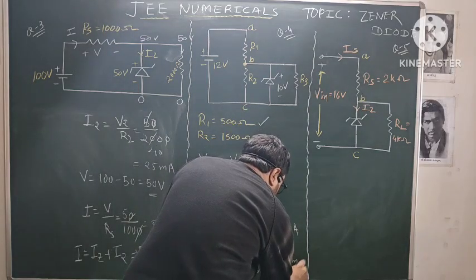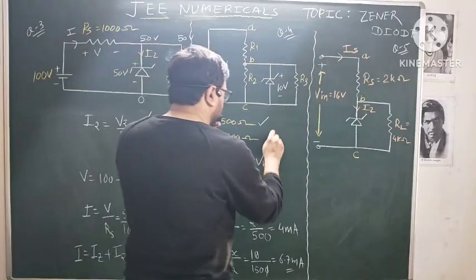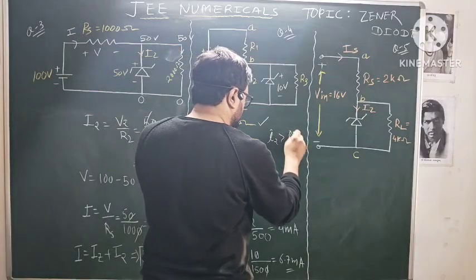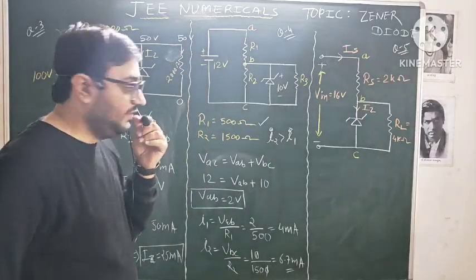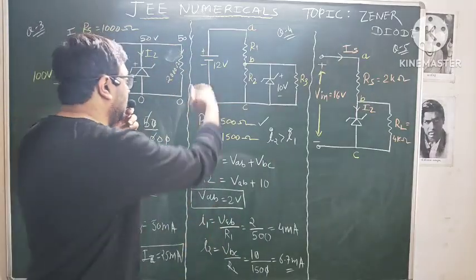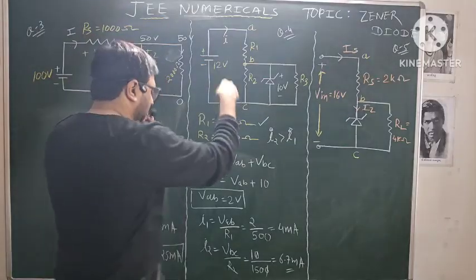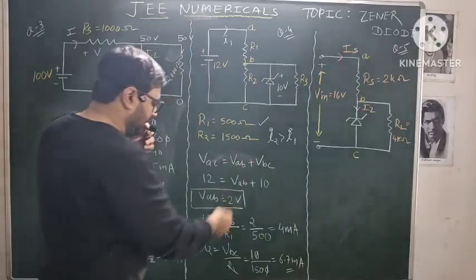6.7 milliampere, which is not possible. Why? Because I2 is greater than I1 here. In our answer, I2 is coming as 6.7, which is greater than 4 milliampere. See here clearly, the current that we have already found is 4 milliampere.